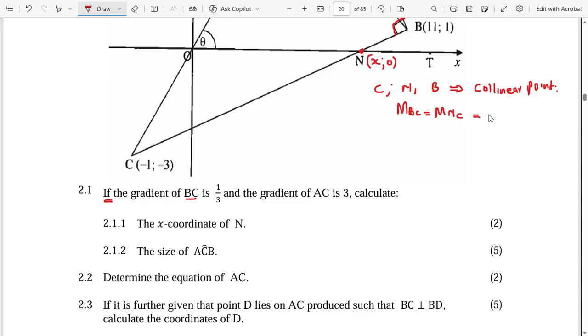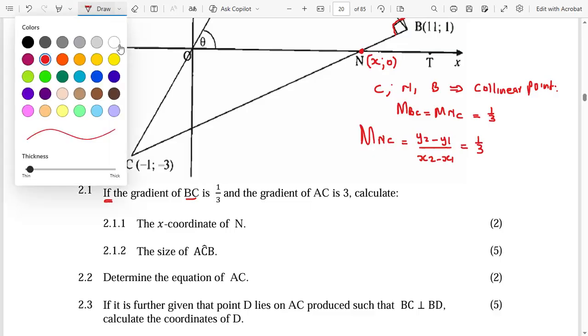Which is just 1 over 3. They will have equal gradient. That's the information that I need to use to calculate the x coordinate of N. So I can say that the formula for gradient of NC is going to be y2 minus y1 over x2 minus x1, and this is just 1 over 3.